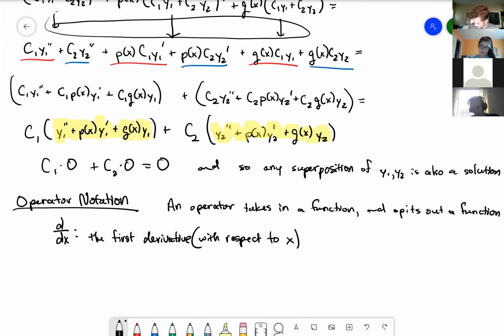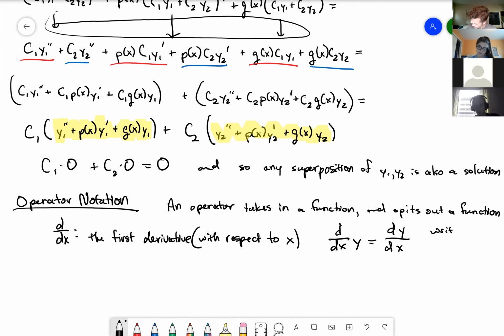And we apply this operator to a function simply by writing it to the left, as if we were multiplying it by the function. So if we wanted the derivative of y with respect to x, we would write it like this, or even moving that y into the numerator, and we just wrote it like it was multiplication.